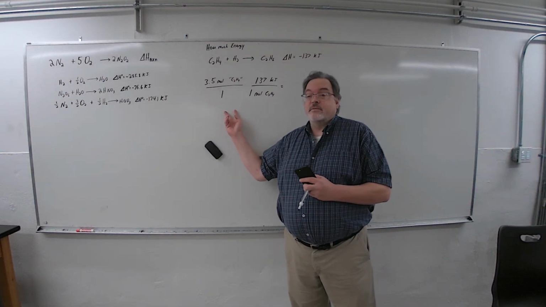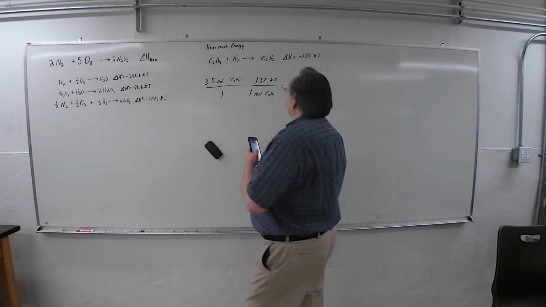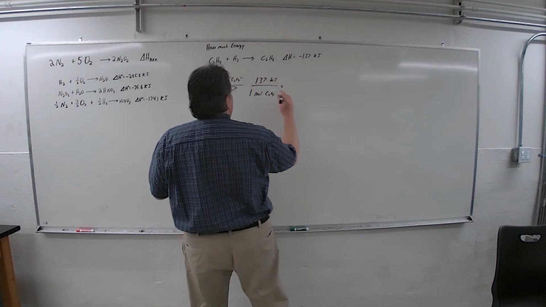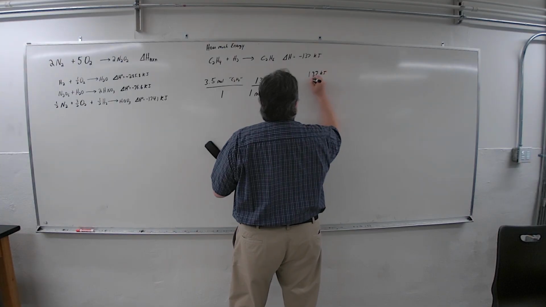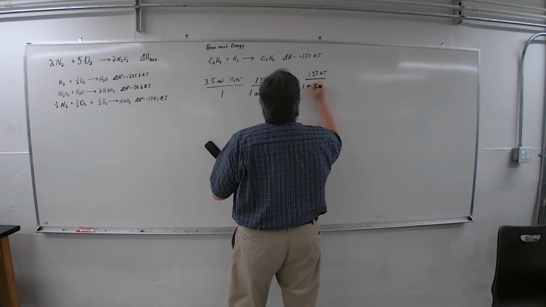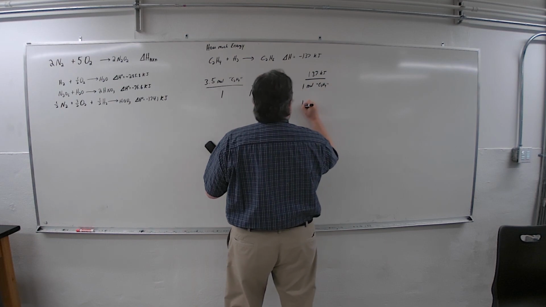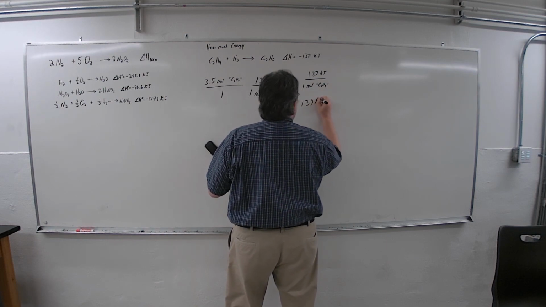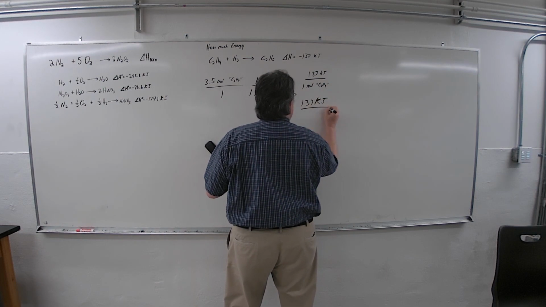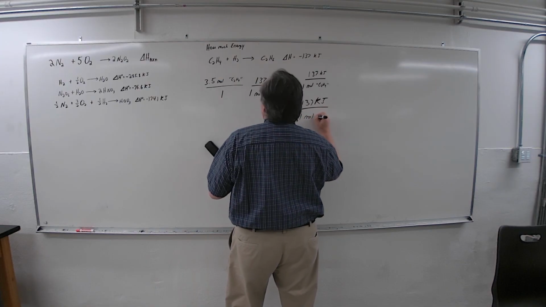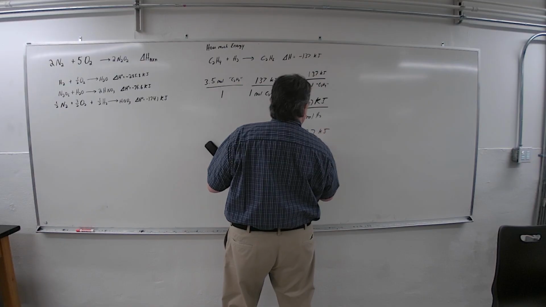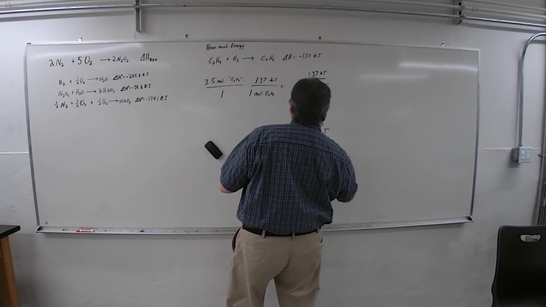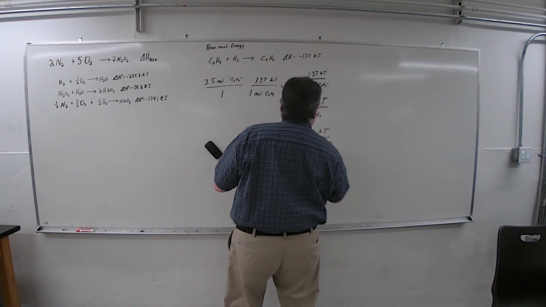Does that make sense? This is the idea that there's 3 relationships here. One of them is 137 kilojoules to 1 mole of C2H4, 137 kilojoules to 1 mole of H2, 137 kilojoules for 1 mole of C2H6.